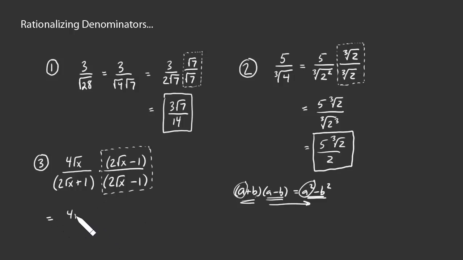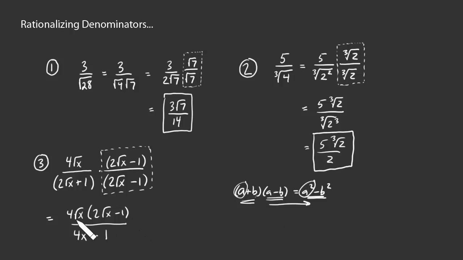So we have 4 root x times this quantity, 2 root x minus 1, all of that sitting over a plus b times a minus b. This is a difference of squares. Square the first thing, that's 4x, right? 2 squared times x. Square the second thing, that's a 1. And then, of course, we have a difference here, right? That's just using this special product rule.